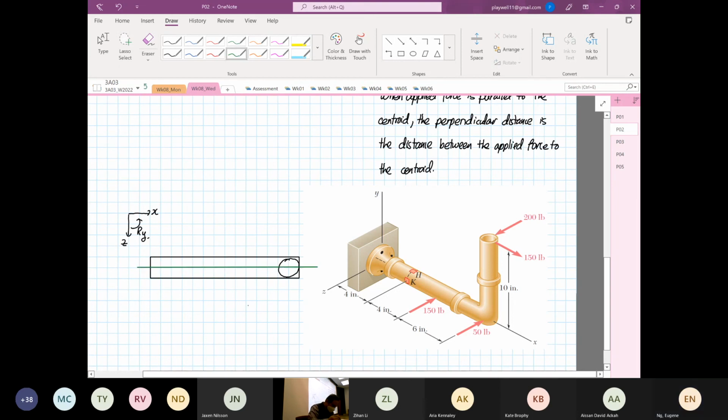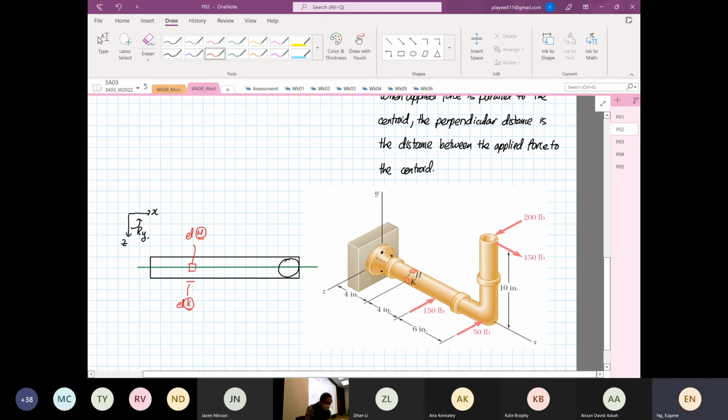And then you draw your elements. So now we are looking at the plan view. So this is our element H, and then this is our element K.